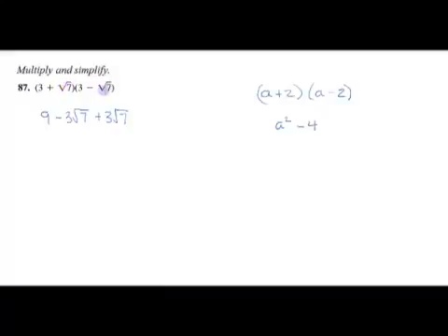And square root of 7 times a negative square root of 7 is negative square root of 7 squared. Now we can see that the middle drops out, and I have just 9 minus the square root of 7 squared, which is simply 7, and 9 minus 7 is 2. Kind of a neat problem where we're multiplying two numbers with radicals and we get something that is not a radical.